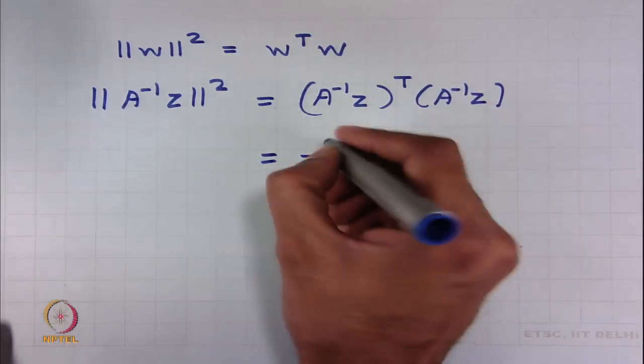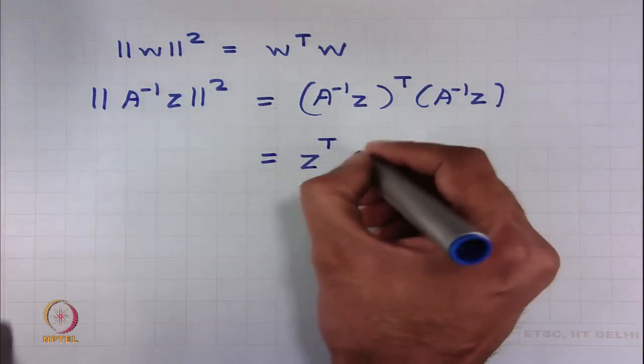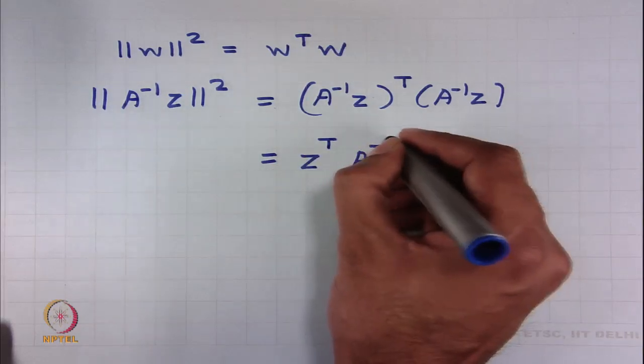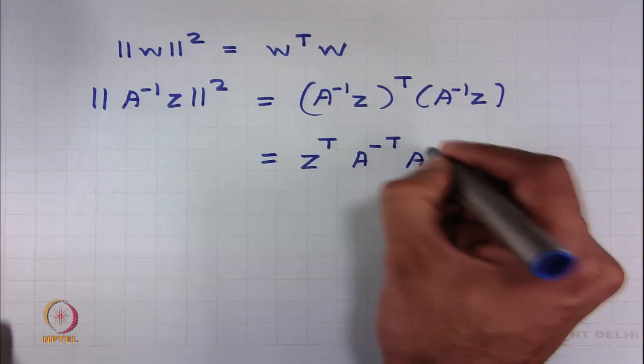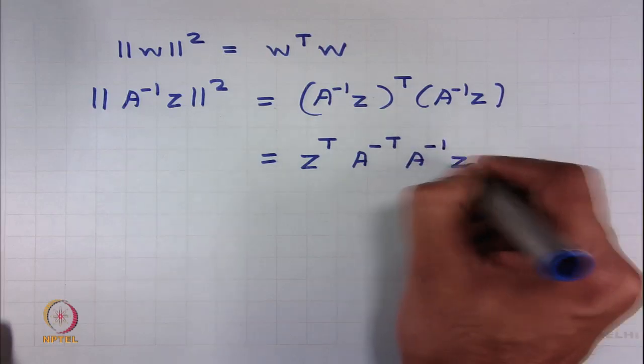This will be Z transpose A inverse transpose A inverse into Z.